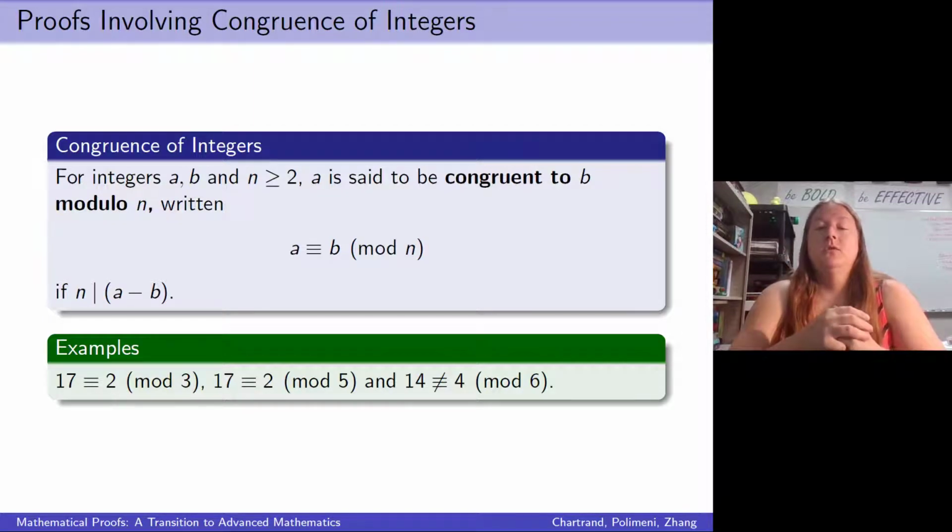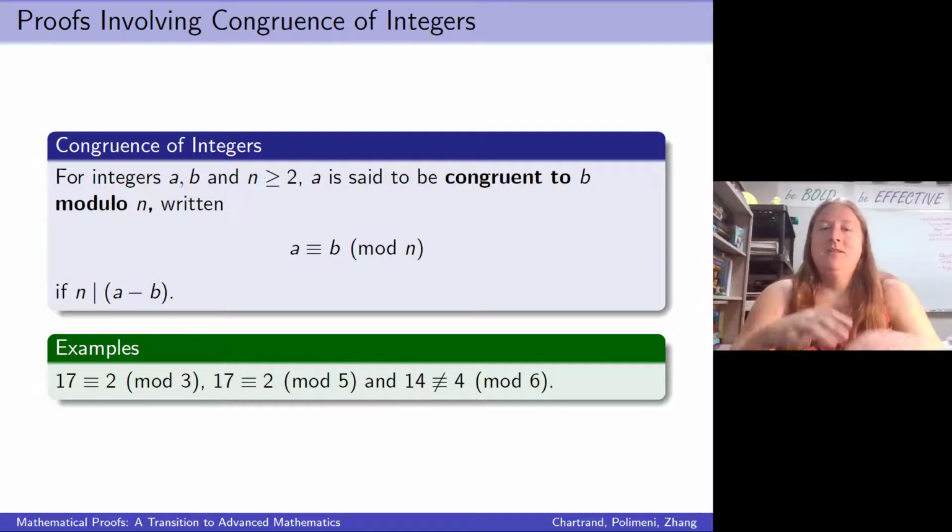So a is equivalent to b mod n. What this means is that n divides the difference, a minus b. Or the idea here is that when we divide a by n, b is the remainder that we have.